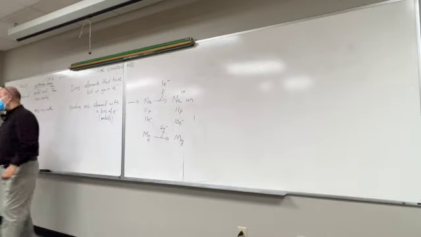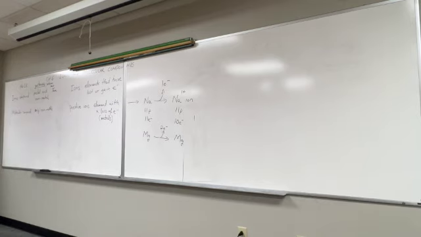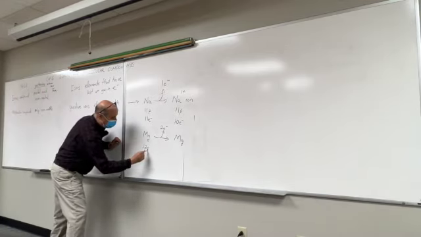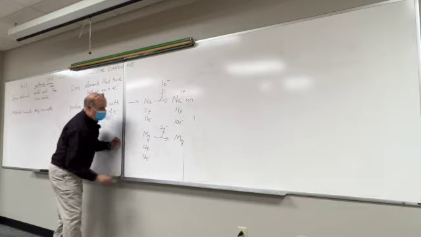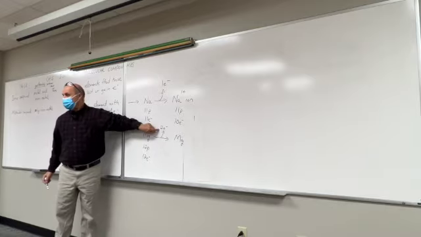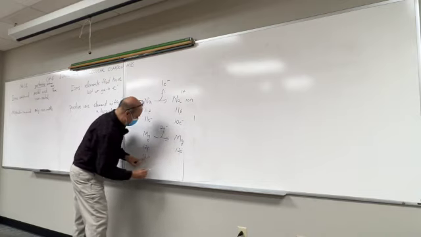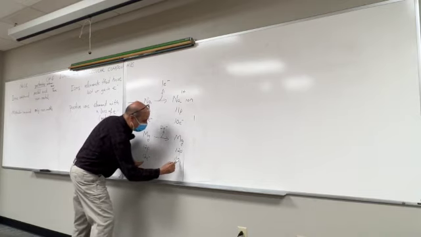Let's look at the charges. So magnesium has what atomic number? 12. So 12 protons, 12 electrons. It's going to lose 2 electrons. So it's going to remain with 12 protons, but now it's going to have 10 electrons.